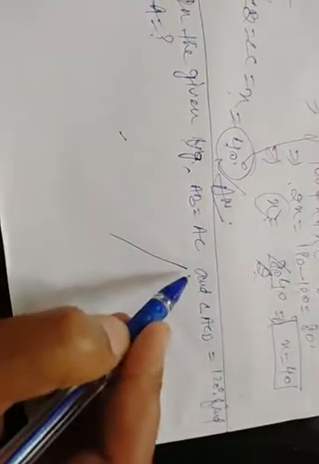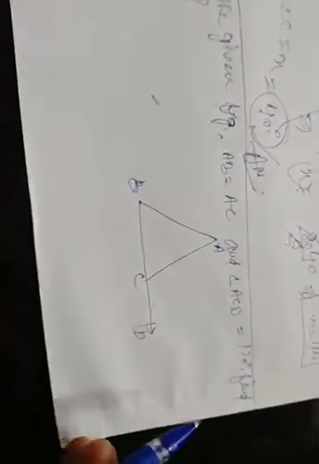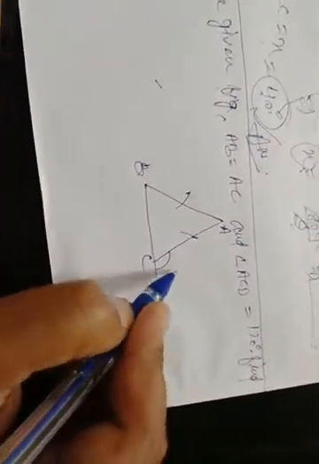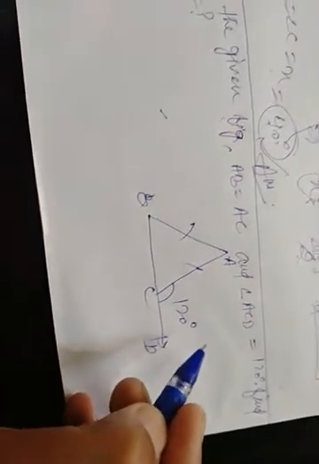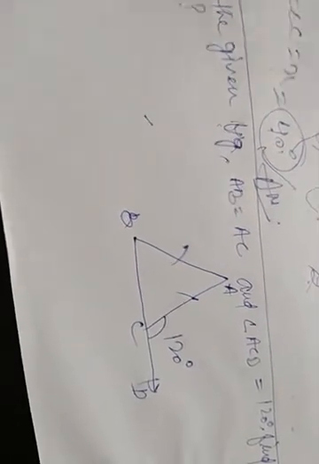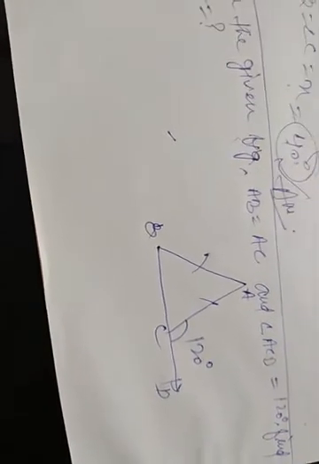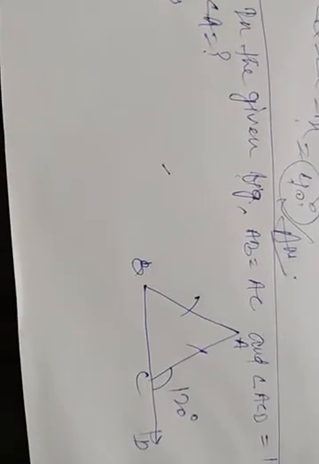And your figure is A, B, C, D. Here AB is equal to AC and that angle is 120 degrees.